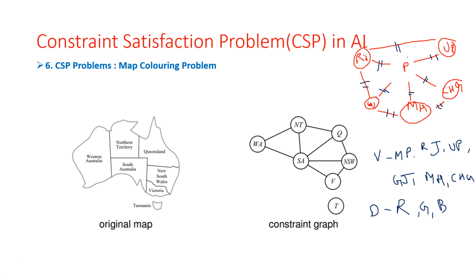This is Rajasthan and this is MP. So how to color? The constraint is that no neighboring regions have the same color.